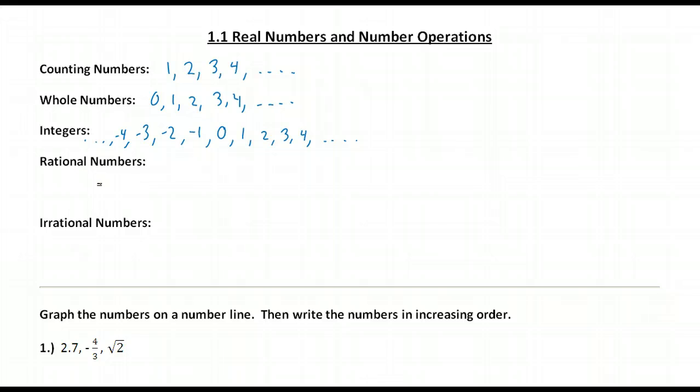The rational numbers are all the numbers in between the integers that can be written as a fraction.